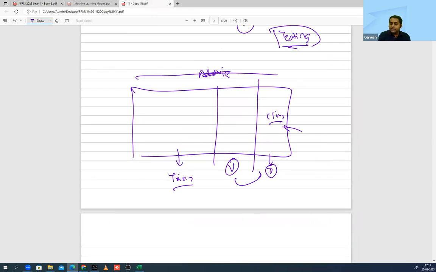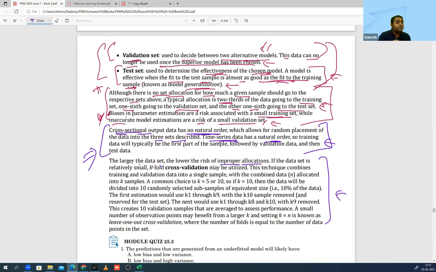Suppose this entire data is 10,000 data points, and the training ke liye you have taken say 7,000. Now instead of 7,000, you took 6,900, 6,500. It will not create much of a problem because there is enough data on the other side. Okay, so your risk of incorrect allocation to training, validation, or testing is very low when the data is very big. Barabar? But if the data size is very small, then you will face a problem.